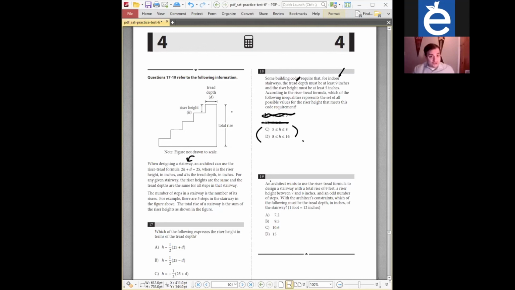Do you see how the tread depth must be at least 9 inches? Well, if the tread depth is at least 9 inches, let's see what the riser height is when the tread depth is 9 inches.